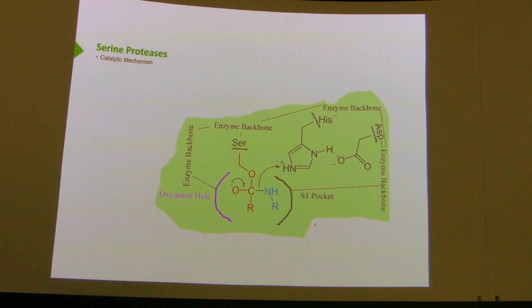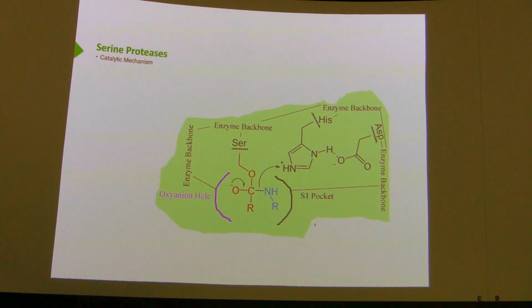We see that attack occurring right here, and the result of that attack is to break a peptide bond. The break of the peptide bond, however, occurs in two steps. Okay? The first step of the process involves the intermediate that you see on the screen. The oxygen has attached itself to the carbon. And we see another pocket in that enzyme that I've identified now called the oxyanion hole.